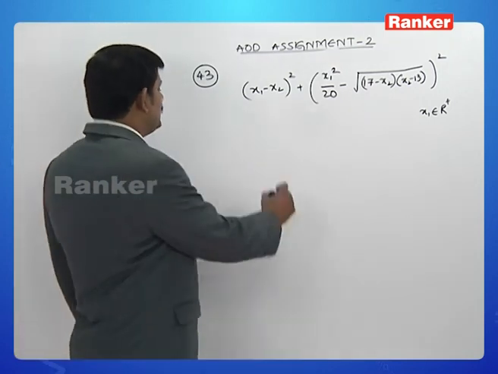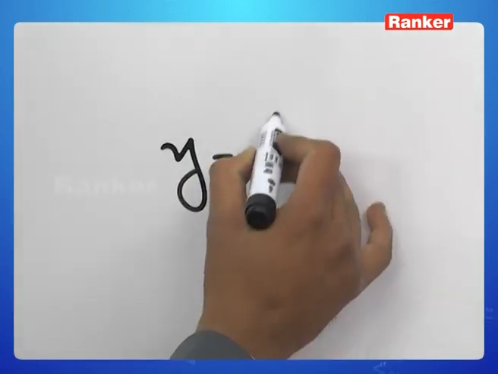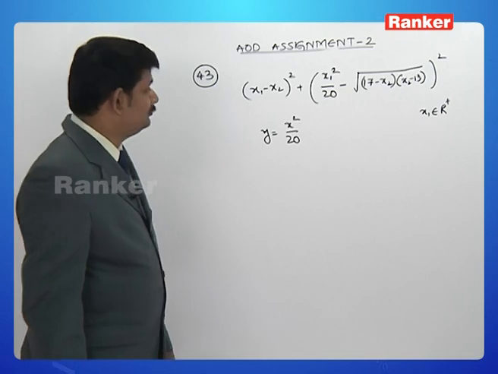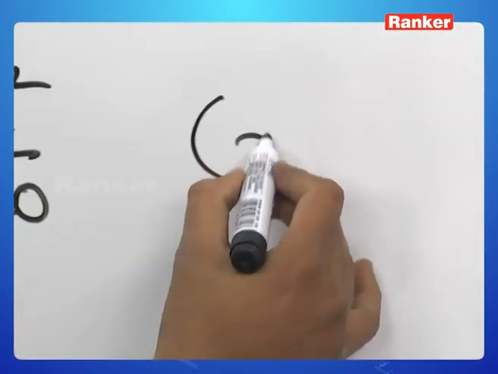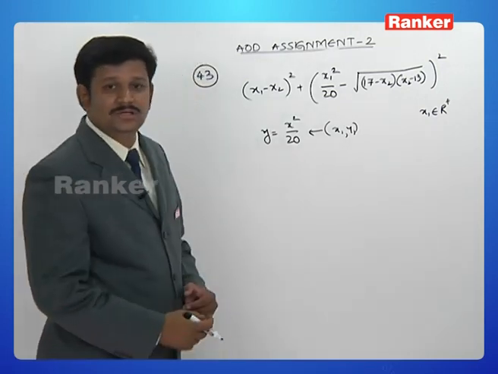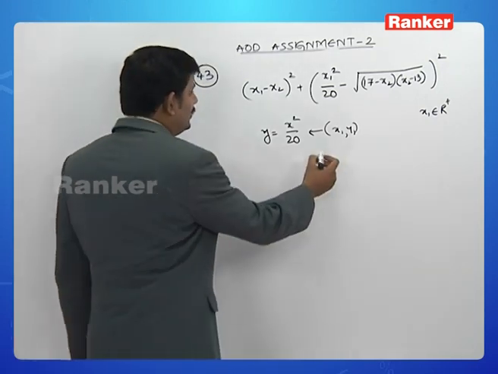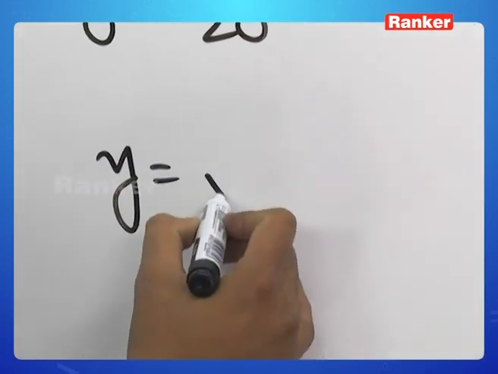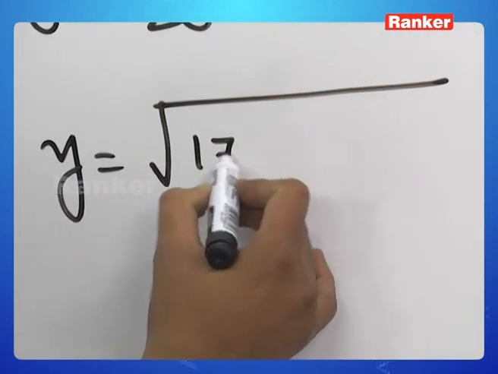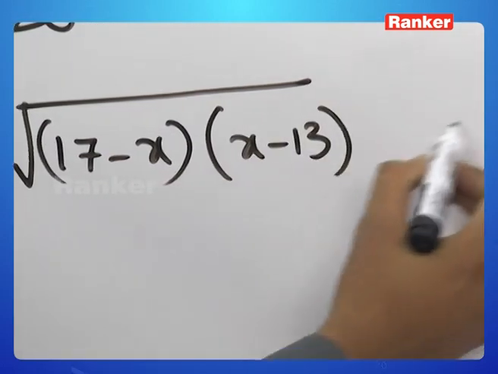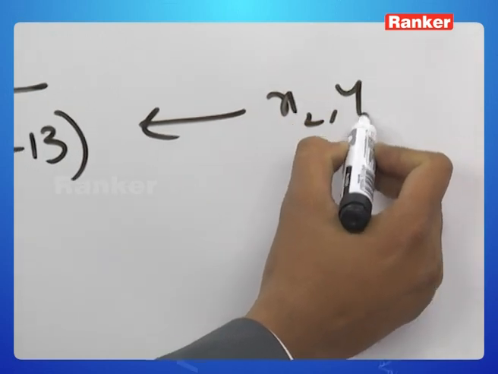So if I consider the function y is equal to x square by 20, x1 comma y1 is any point on the curve y is equal to x square by 20, and consider the curve y is equal to root over (17 minus x) into (x minus 13), x2 comma y2 is a point on this curve.